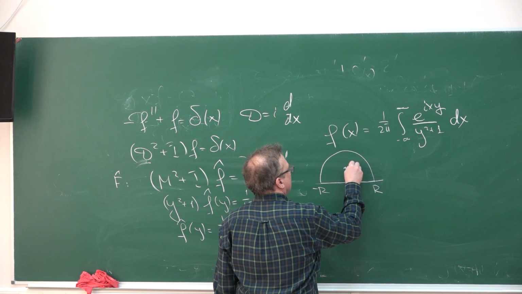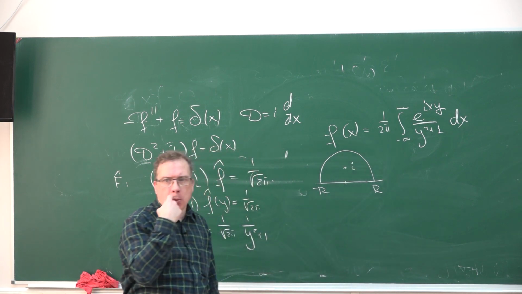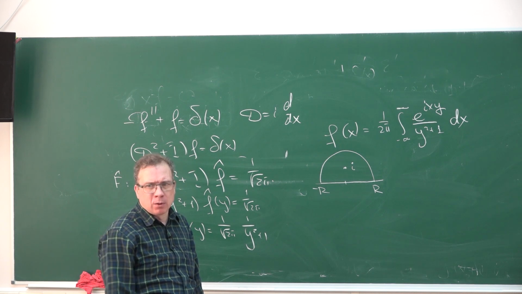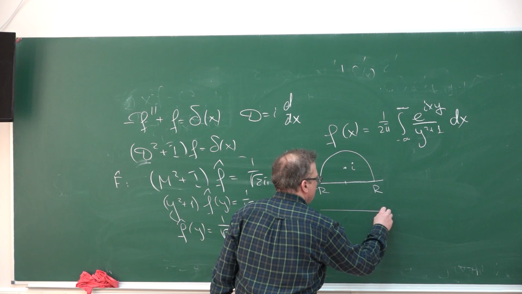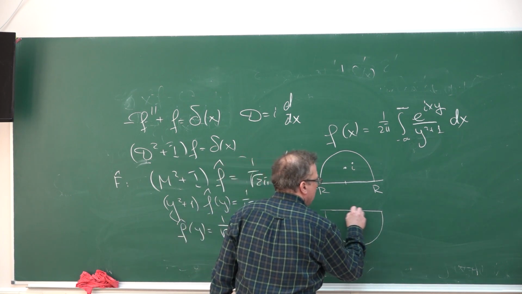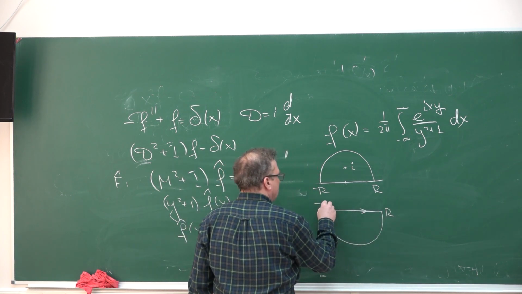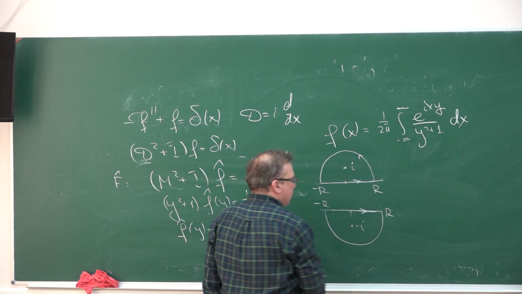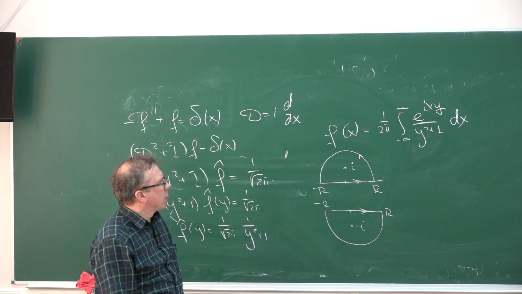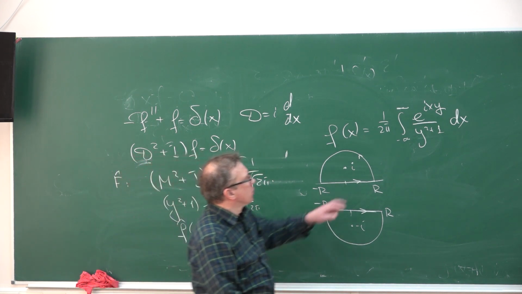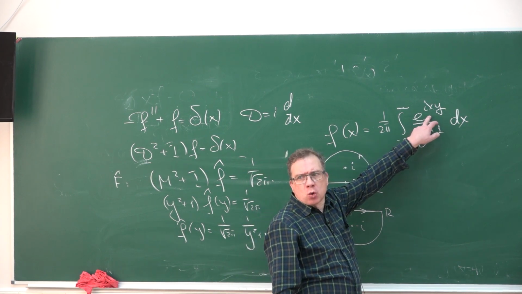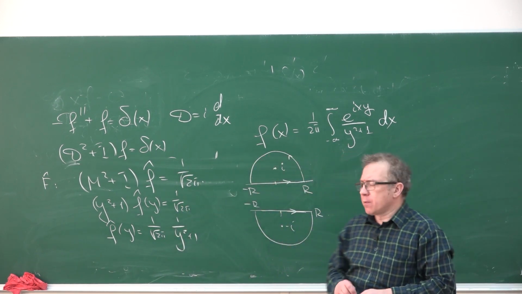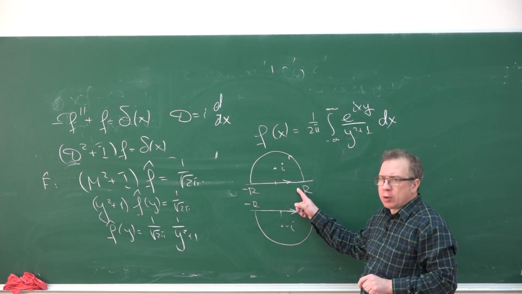So we have one pole at i in the upper contour, and if we take this contour, we have minus i. But we need this exponent to vanish on this semicircle, because we must obtain the integral only on the real axis.